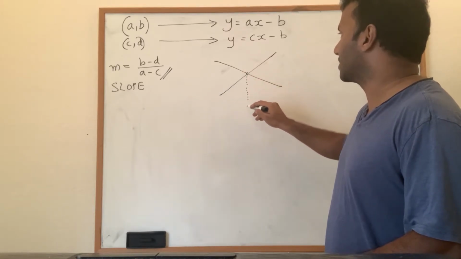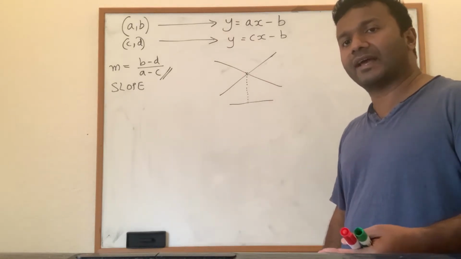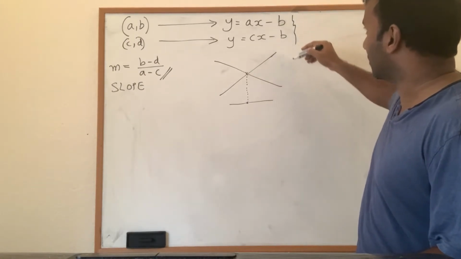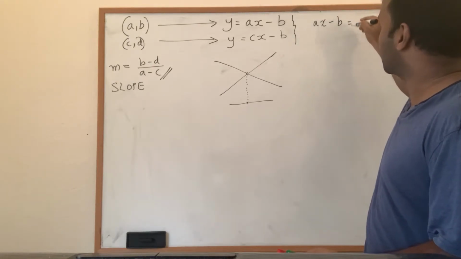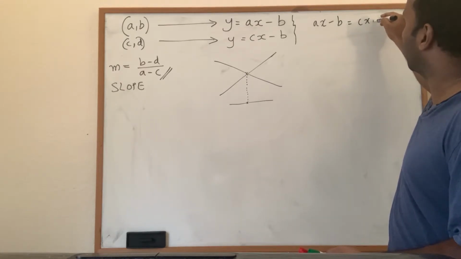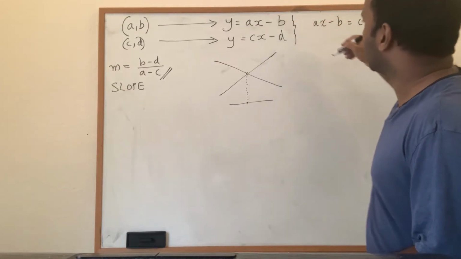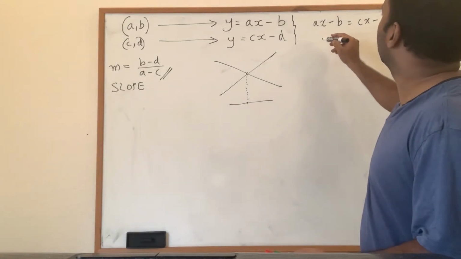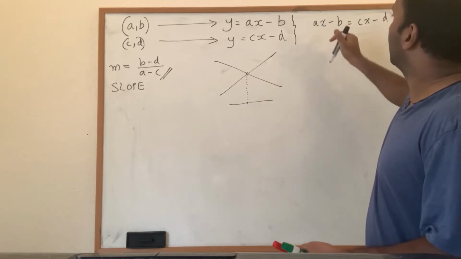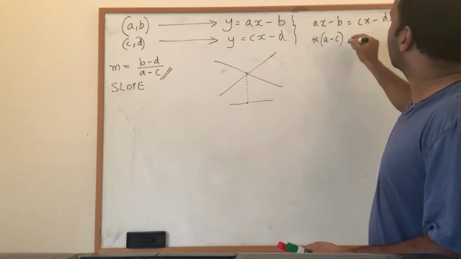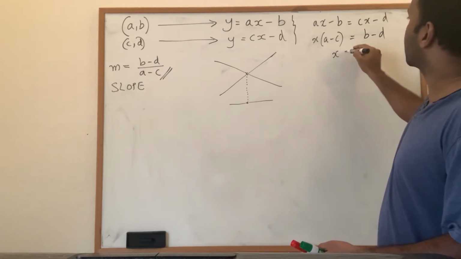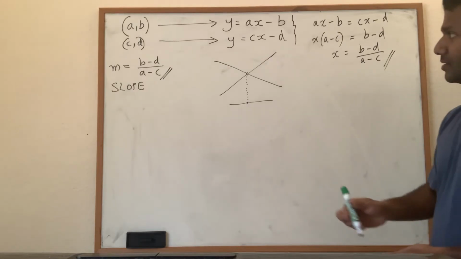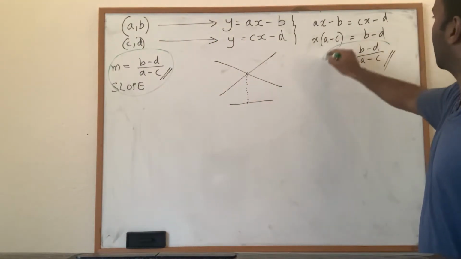What I'm really interested in is the x coordinate value of their meeting point, which I can easily solve by equating the right hand sides of these equations: ax minus b is equal to cx minus d, which gives x times (a minus c) equals b minus d, or x is equal to (b minus d) divided by (a minus c).